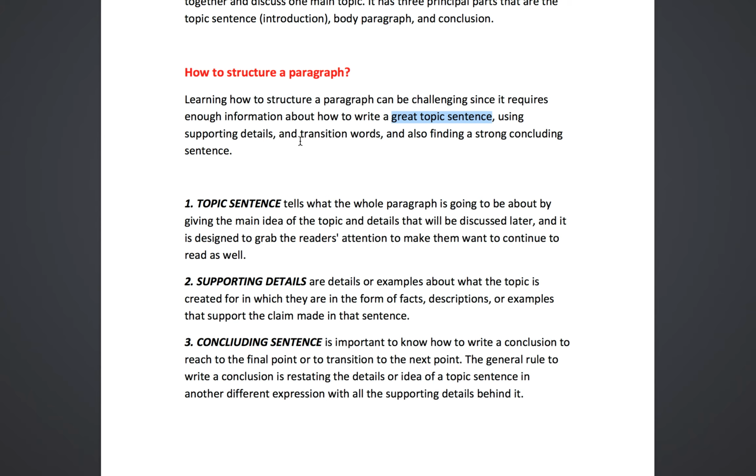Also transition words, which have a very important role in connecting the sentences in a paragraph together, and a strong concluding sentence, like how to end the paragraph that we have.